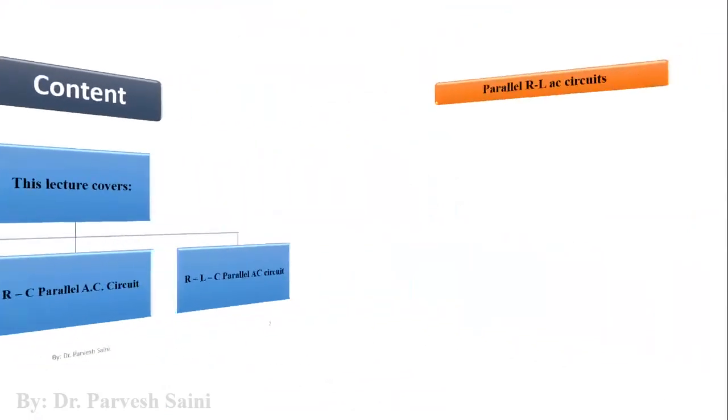So let us start with the first, which is parallel RL AC circuits. Before that, as I mentioned, any parallel AC circuit is one in which we have an AC source and various circuit elements connected to one another in parallel to this AC source, which is V equals Vm sine theta.